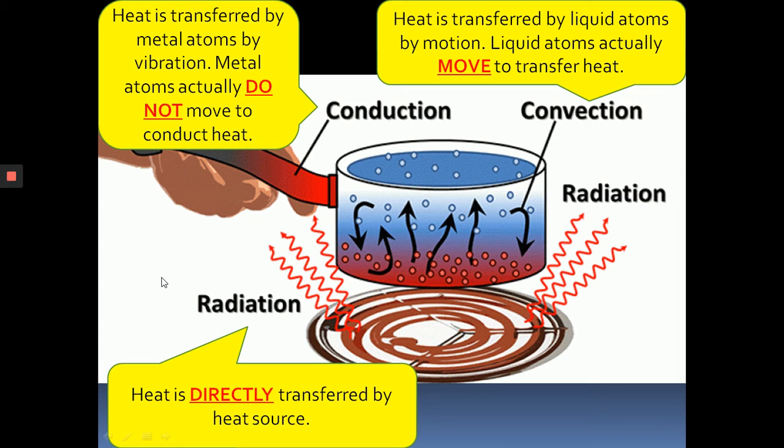Radiation does not need any chemical molecules to transfer heat. It is transferred directly. Think about the space between the Earth and the Sun: there is nothing. It's a vacuum. Therefore, the energy is transferred from the Sun to the Earth mainly by radiation, because there's no medium to transfer the energy.